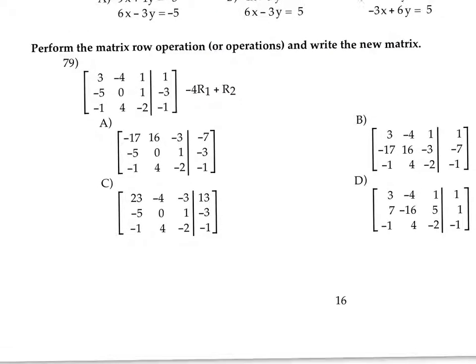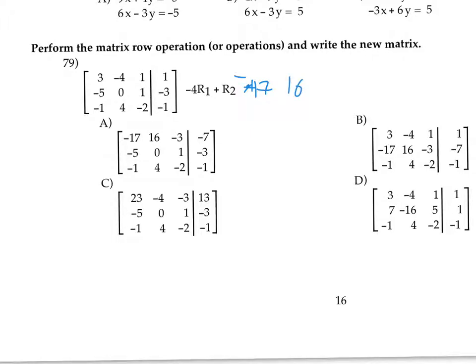For number 79, you're going to have to do a row operation or operations and write the new matrix. This is probably what you're going to be asked to do on your final instead of having to do a full reduced row echelon form, because this makes a lot more sense to me as far as showing me that you know a skill. So we're doing negative 4 times row 1 plus row 2.